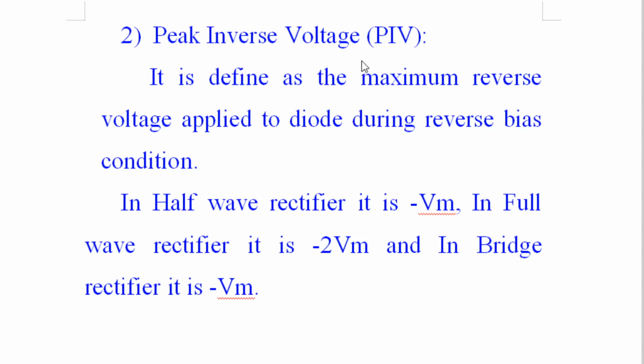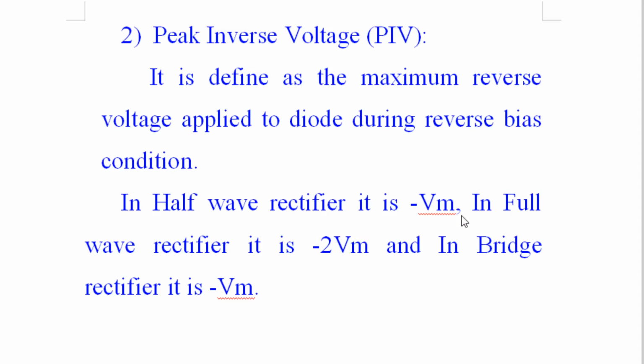Second is the peak inverse voltage. It is defined as the maximum reverse voltage applied to the diode during the reverse bias condition. So peak inverse means reverse, in short. In a half wave rectifier, it is minus Vm.